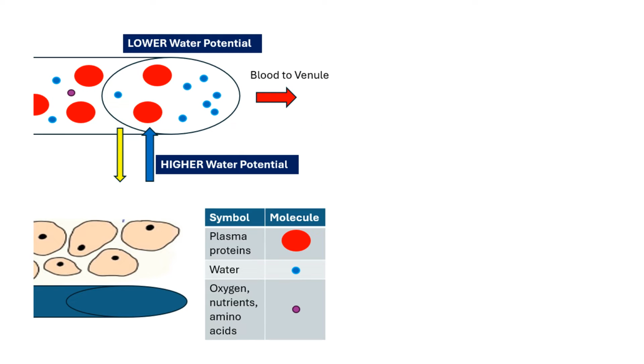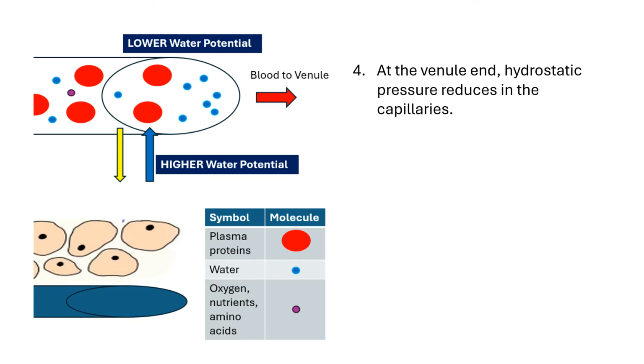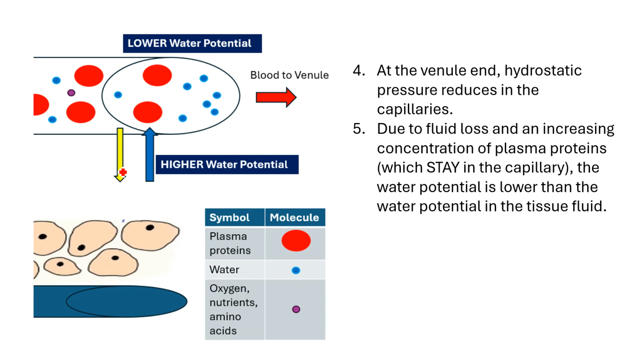And then at the venular end, hydrostatic pressure reduces in the capillaries. So you can see there's a smaller amount of hydrostatic pressure, as shown by this smaller yellow arrow. As the pressure reduces in the capillaries, there's fluid loss, and so inside the capillary there's an increase in concentration of plasma proteins, because they stay in the capillary.